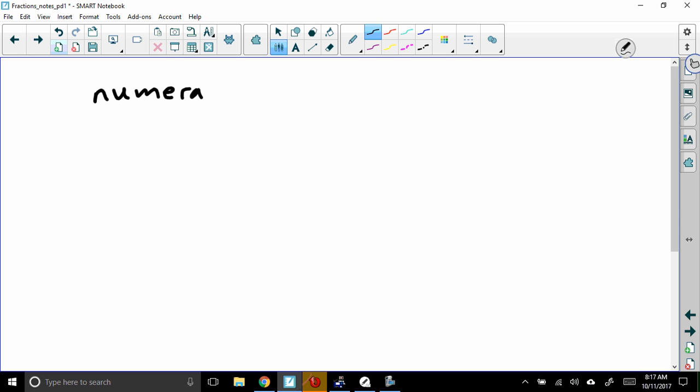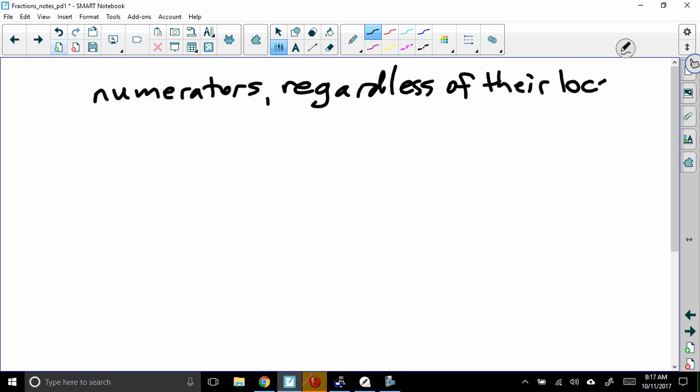Numerators, regardless of their location, as long as they're numerators, regardless of whether they're on the right, in the middle, on the left, numerators, regardless of their location, cancel denominators.